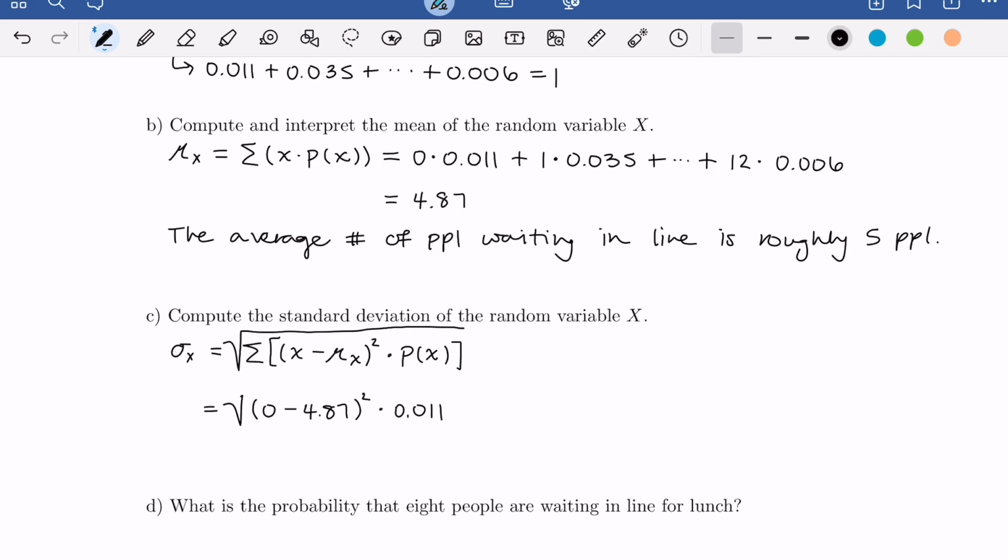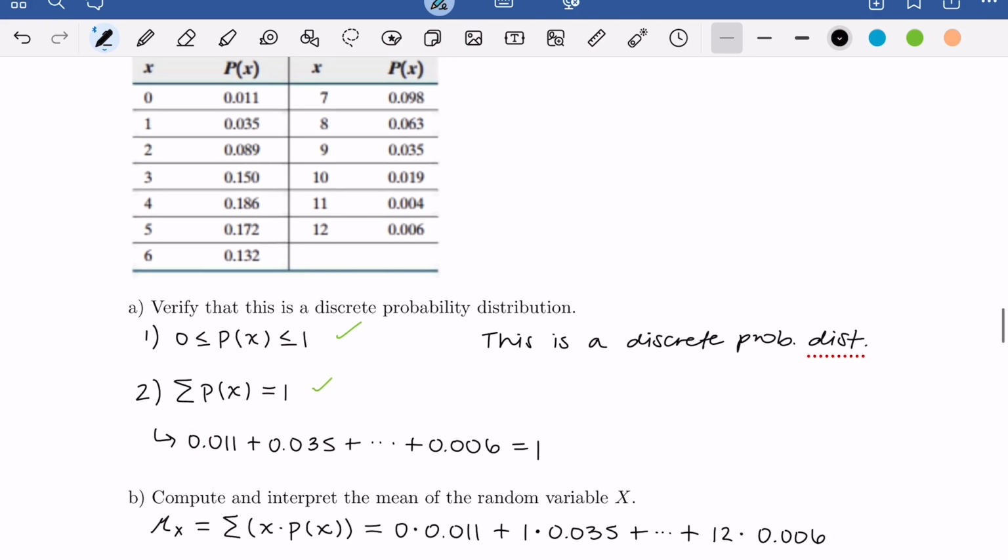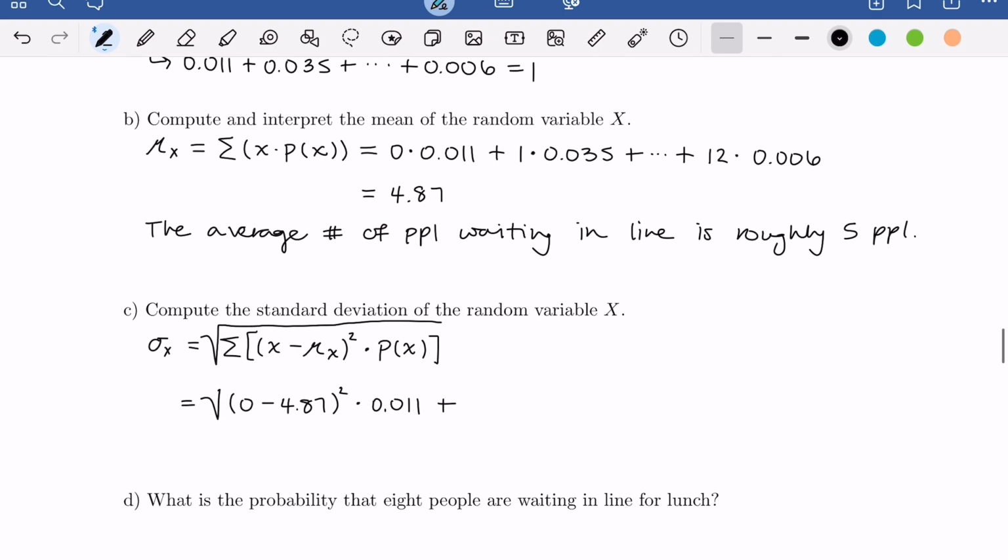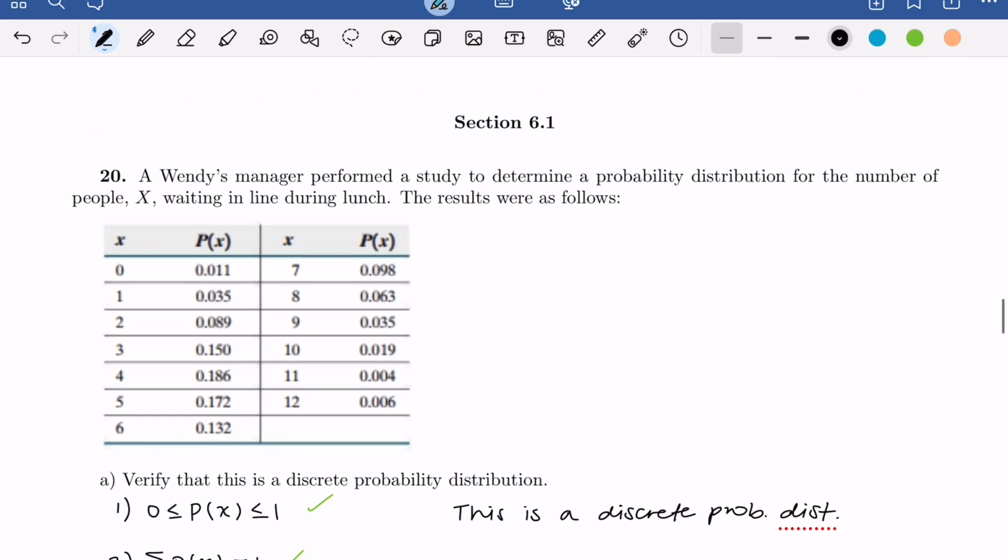And that's just our first one that we're looking at. We're taking the sum of all of these. So next we have to go to our next value, which was 1, subtract out our mean of 4.87, square that, and then multiply by the corresponding probability, which is 0.035.